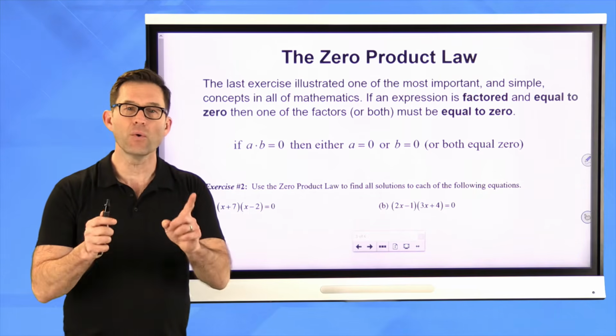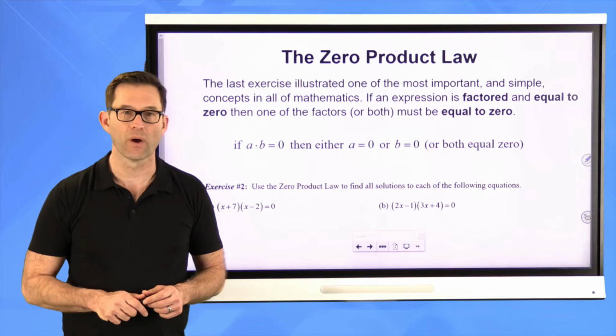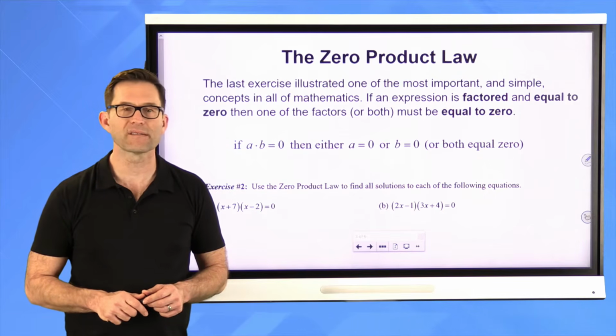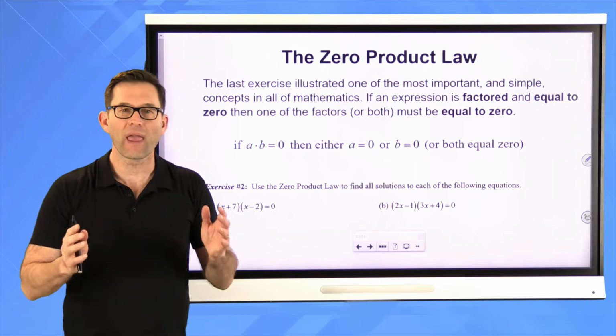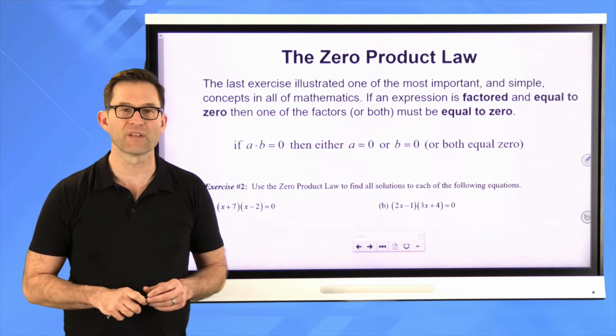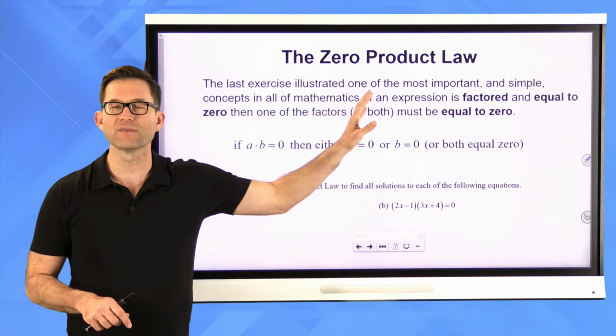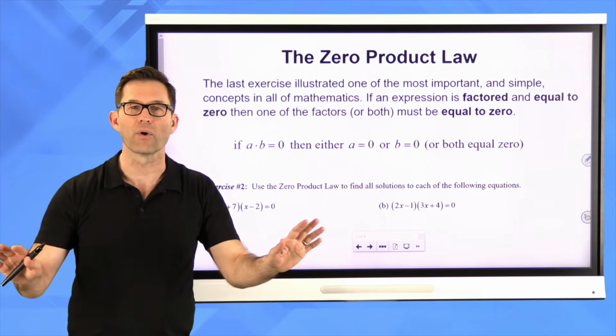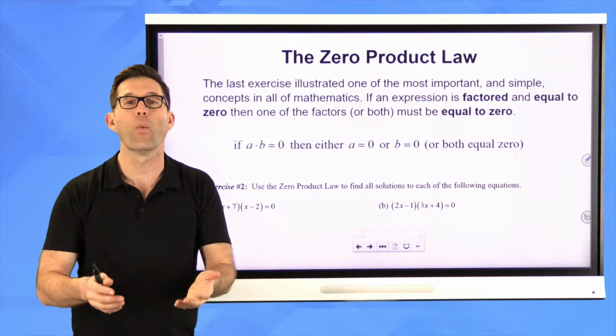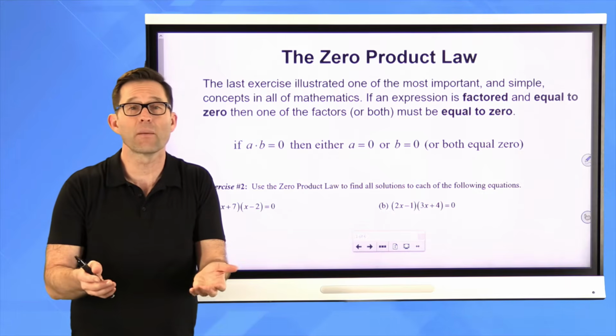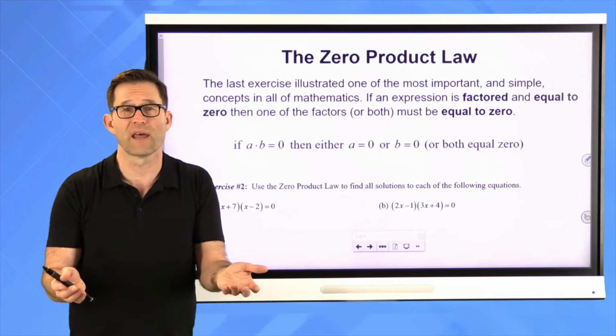But if I told you that two numbers have a product of 0, one of those numbers has to be 0. It has to be. You cannot multiply two non-zero numbers together and get 0. It's something that is particular about 0 that is not true of any other number. Even of like a special number like 1, right? If I had two numbers whose product was 1, one of them doesn't have to be 1, right?